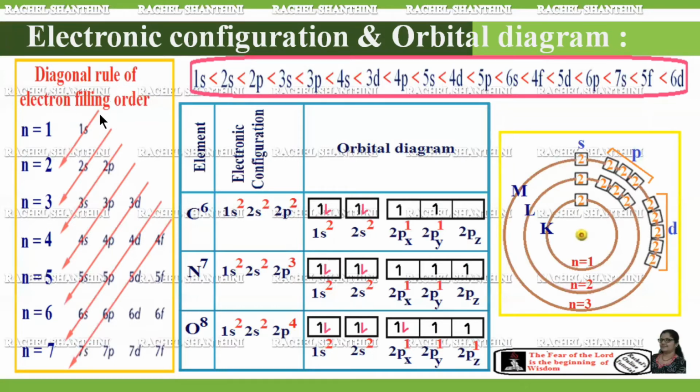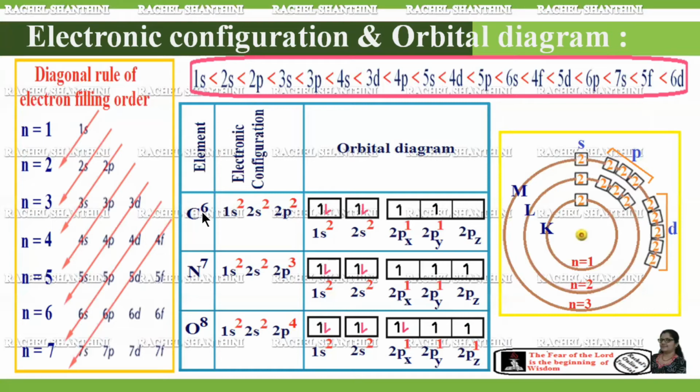In the diagonal rule, we have to start from the top right corner and move slowly down towards the bottom left corner. So which is the lowest orbital? 1s. So we need to start with 1s. Then coming to the second diagonal line, we have 2s. So we have to write 2s. And coming to the third diagonal line, we have 2p. So we have to write 2p over here.